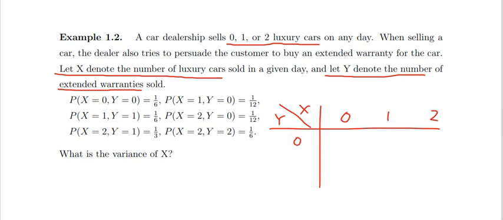Y also can be 0, 1, 2. If X equals 0, Y equals 0, this means this guy cannot sell a car and also cannot sell a warranty.